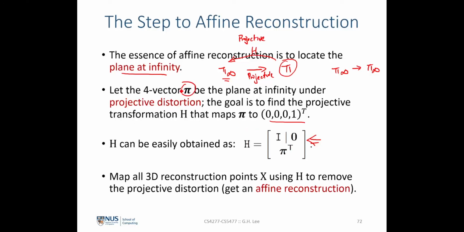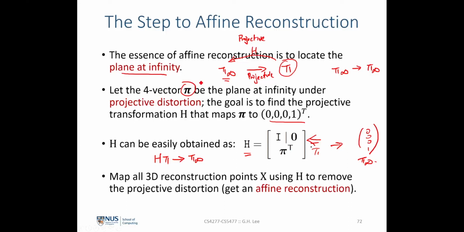So if we can identify this particular plane, we can simply compute the homography, and by making use of it, we can map this plane back into the plane at infinity. I'll leave it to you to verify this. You can easily substitute pi over here, multiply by pi, and this is going to give you 0, 0, 0, 1, which is the plane at infinity.